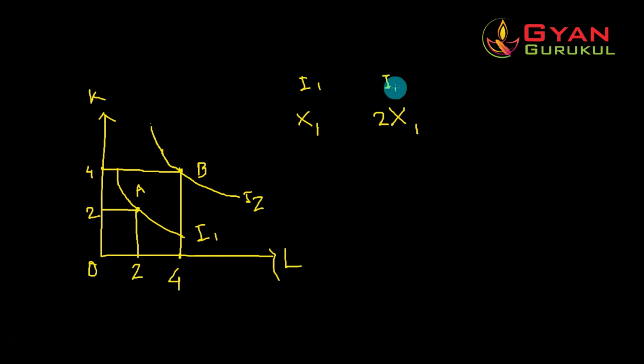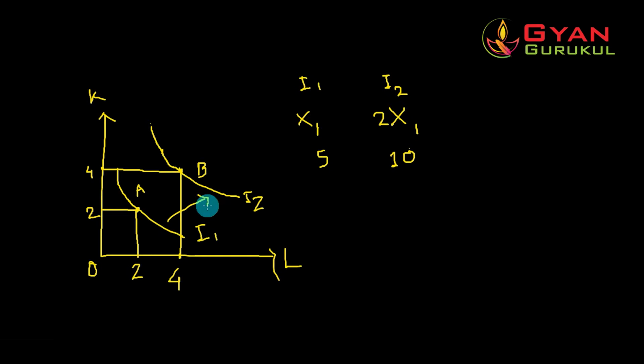If the output of I1 is x1, then the output of I2 is twice x1. Or numerically, suppose this was 5 units, then this is 10 units. That is twofold, or we can say there is a 100% increase in output between I1 and I2.